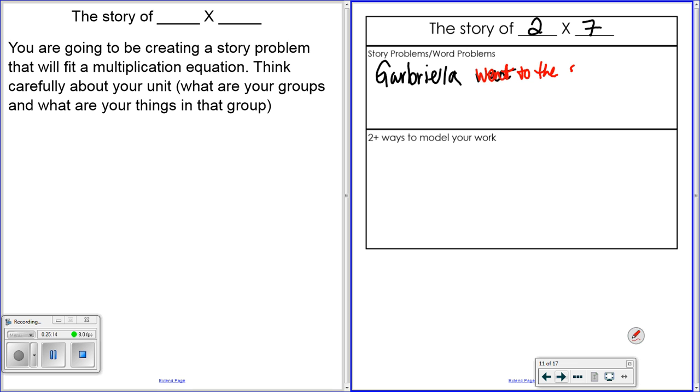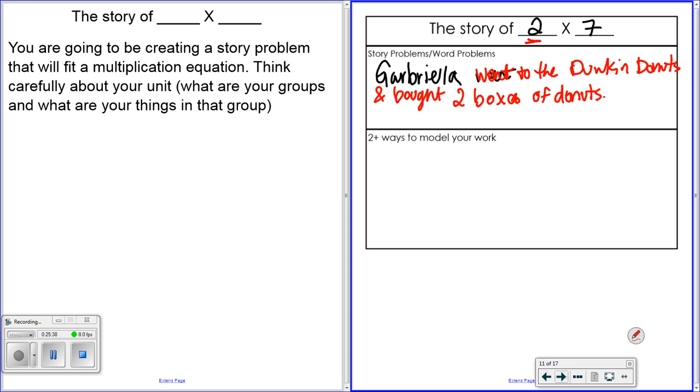She went to Dunkin' Donuts. I love Dunkin' Donuts. She went to Dunkin' Donuts and bought... what did you buy? 2 boxes of donuts.